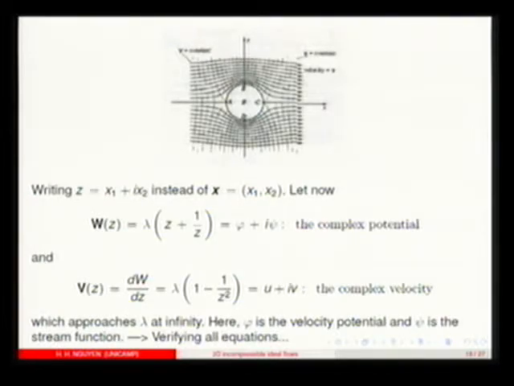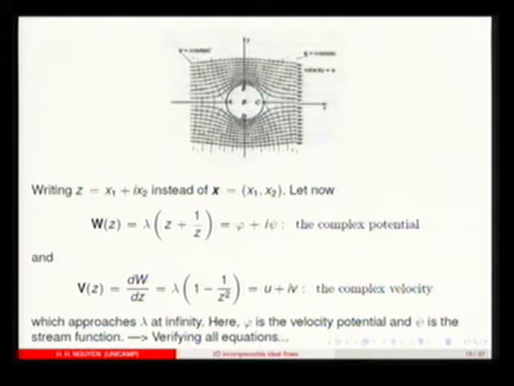The flow is like this. Now we will write z as a complex number, and we define w(z) as the complex potential and v(z) as the complex velocity.